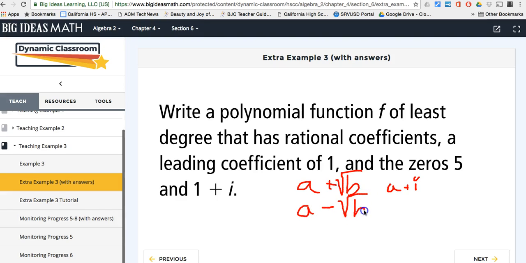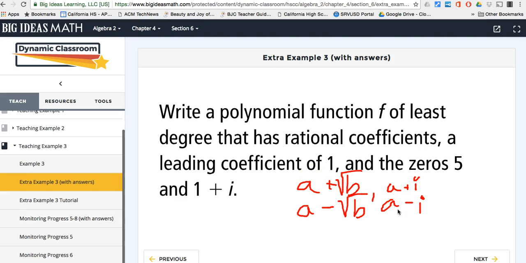So if we know that a plus root b is a solution, then a minus root b also has to be. Also, if we know a plus bi is a solution, then a minus bi has to be a solution. And it works for both. If we know a minus root b is a solution, then a plus root b is also. Same thing for a minus bi.